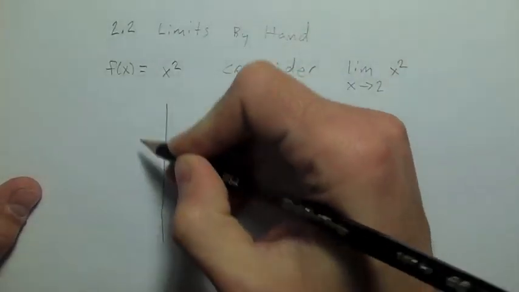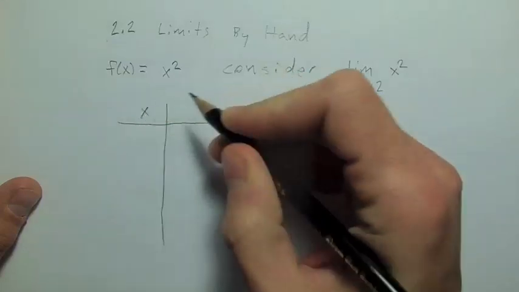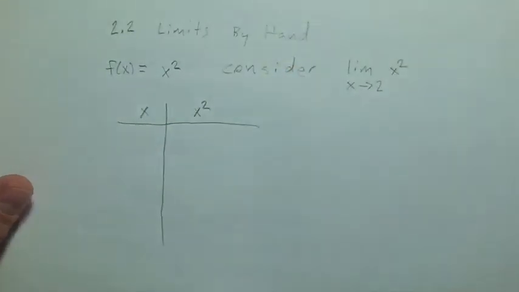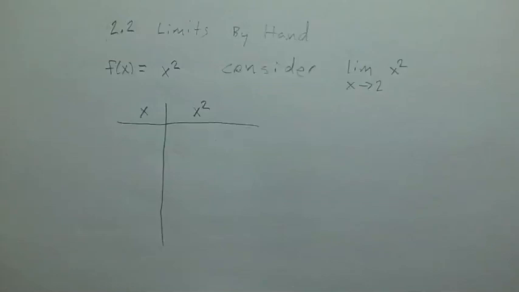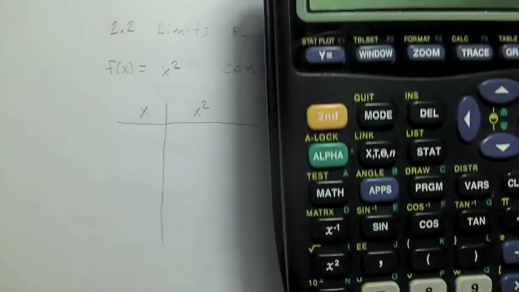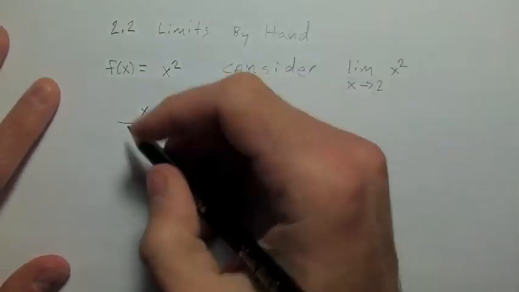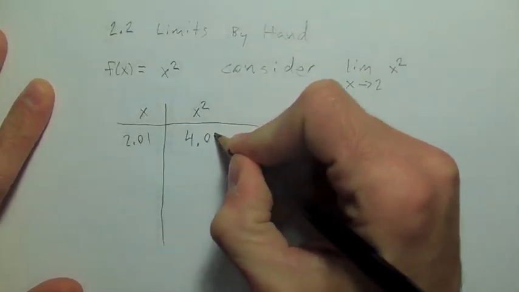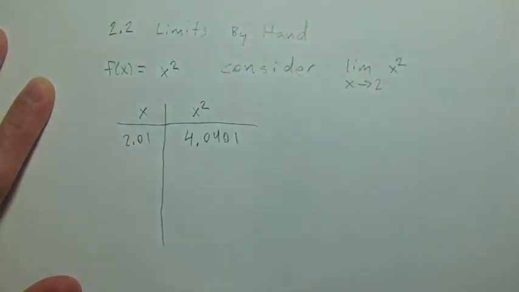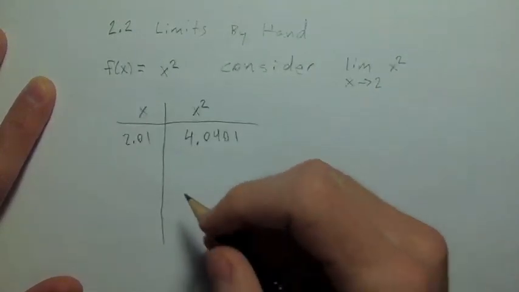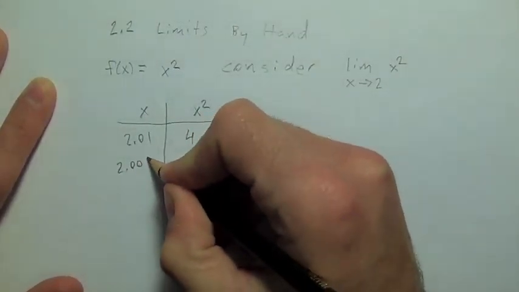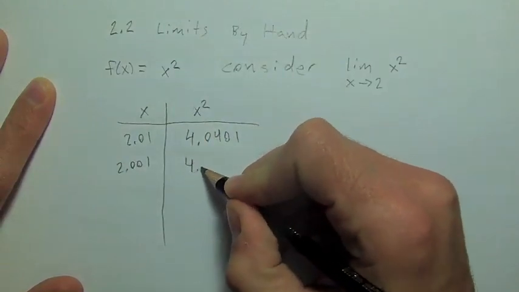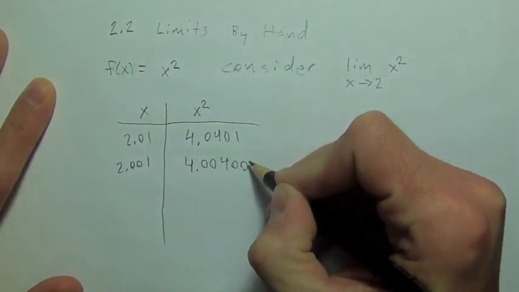So I could make my table, with x over here, x squared over here, and put things in that are really close to 2, right? So say I'm using a calculator here to figure this out, but 2.01 squared gives me 4.0401. 2.001 squared is going to give me 4.004001.